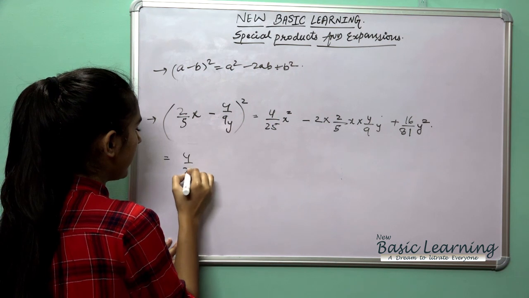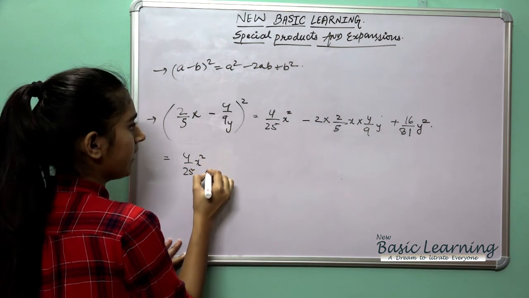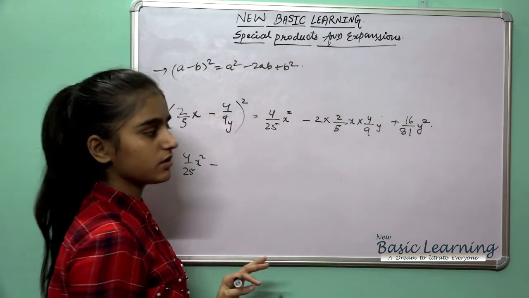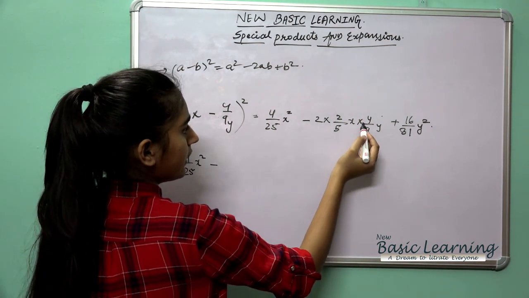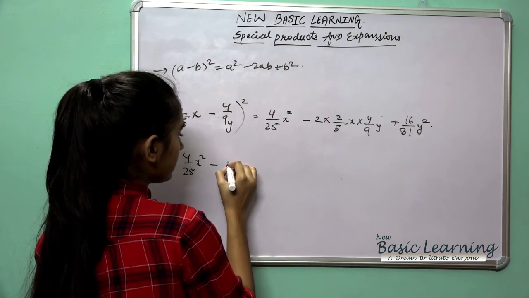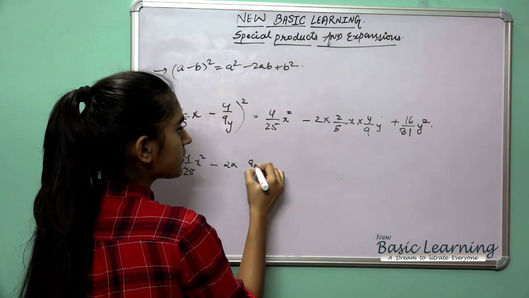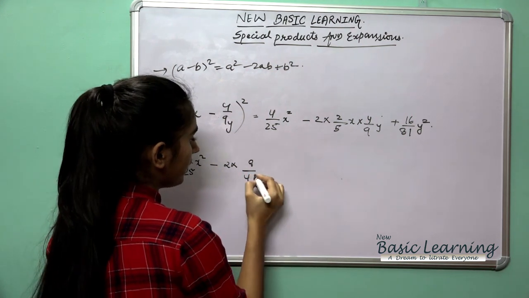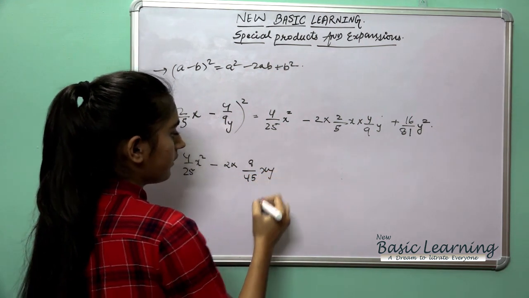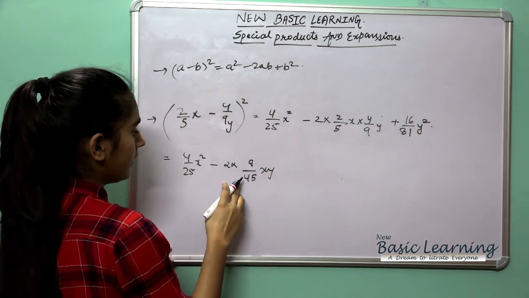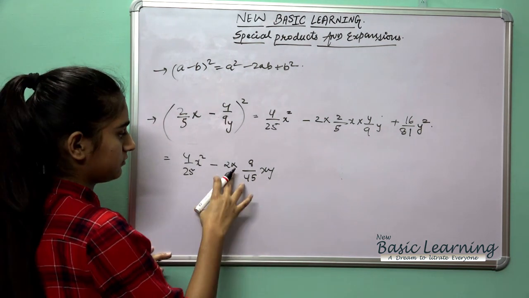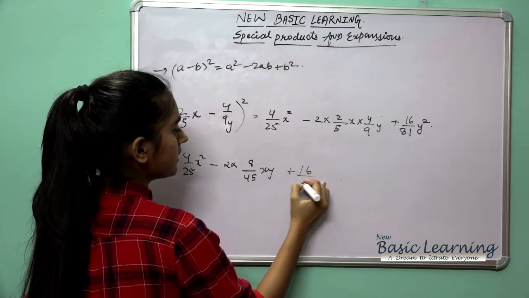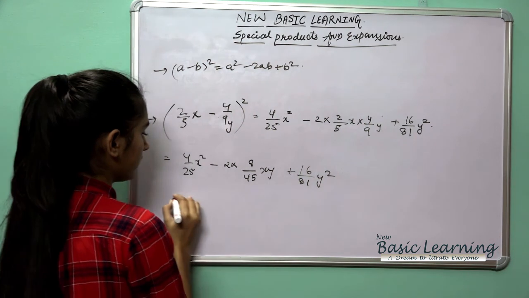4 upon 25 x square minus, you can do the calculation, that is 4 into 8, 2 into 8 upon 9 into 5, the 45 xy. Now let's do the calculation part. 16 upon 81 y square.